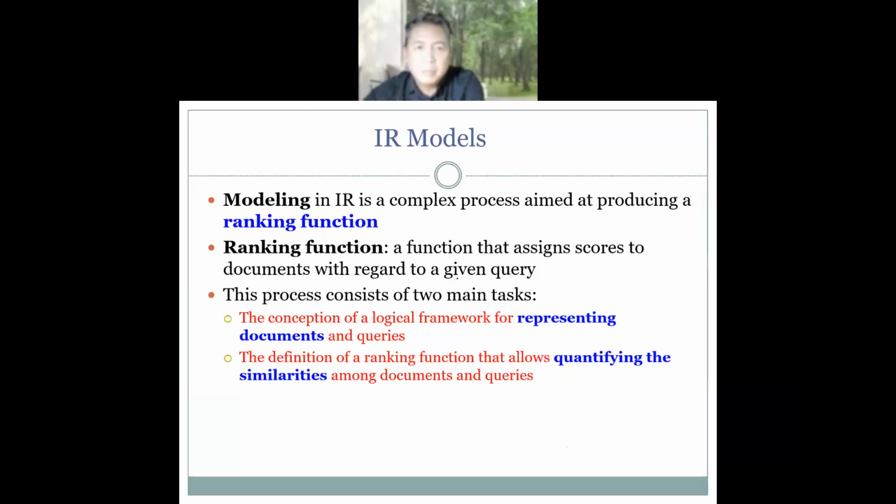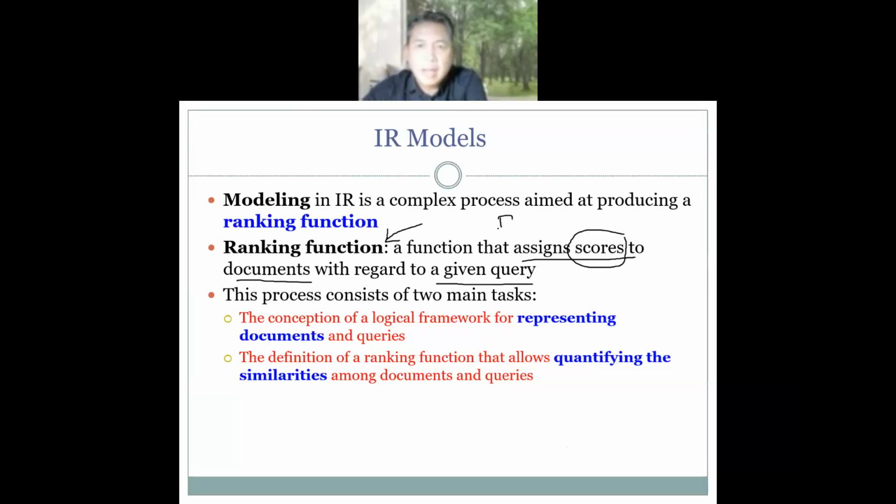So the main objective is how we perform the ranking function. A ranking function assigns a score to the document with regard to a given query. Given a query, you want to know how close or how similar the query is to the document. So every document will have some score.